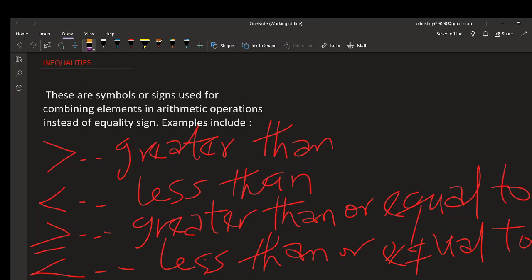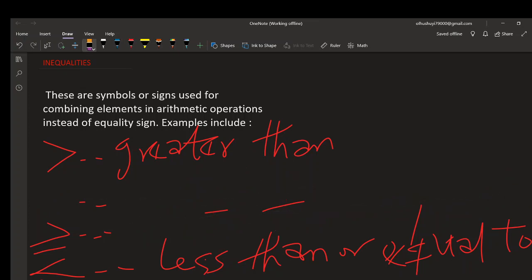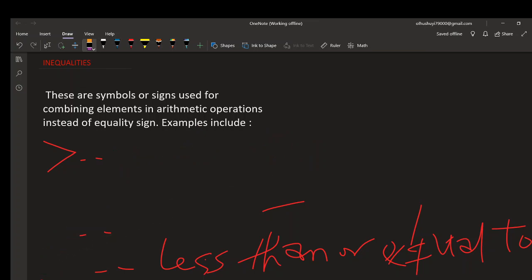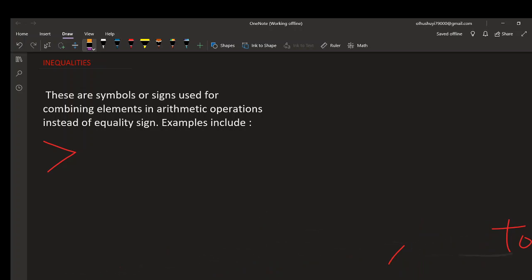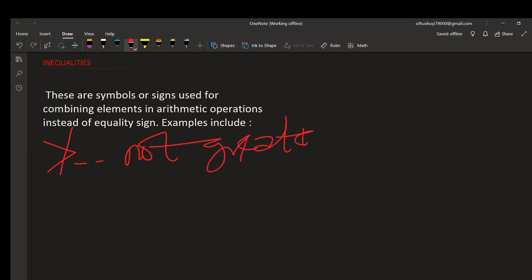We have others. You can have something of this nature: it should not be greater than, it won't be less than, it won't be greater or equal to, it should not be less or equal to. If you have this way and it's crossed, this simply means not greater than whatever you are dealing with.